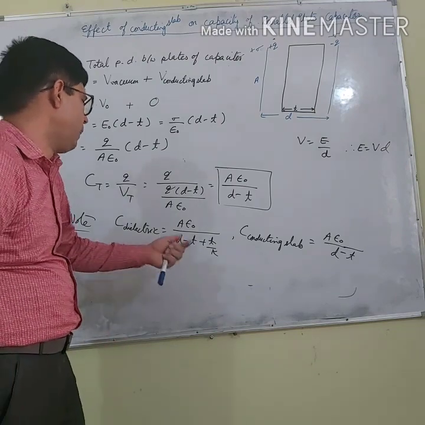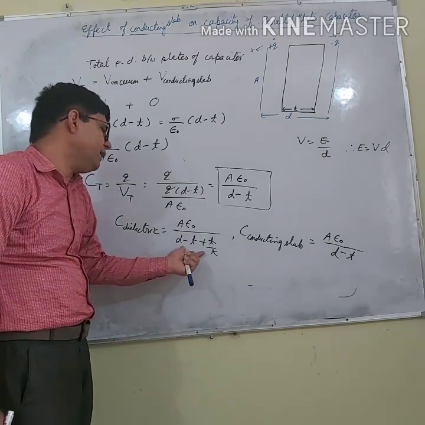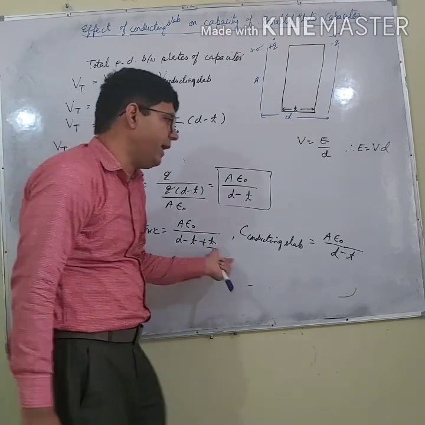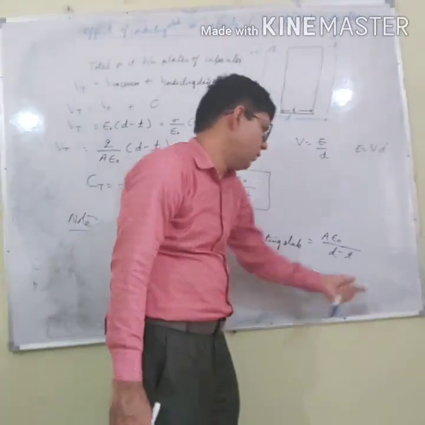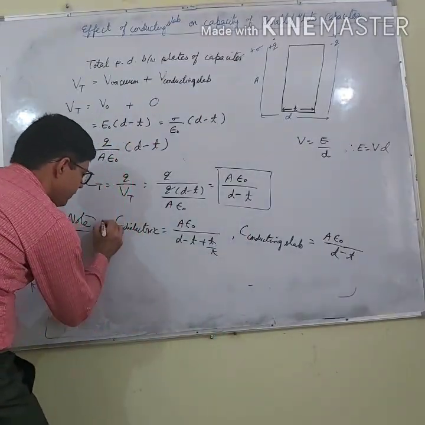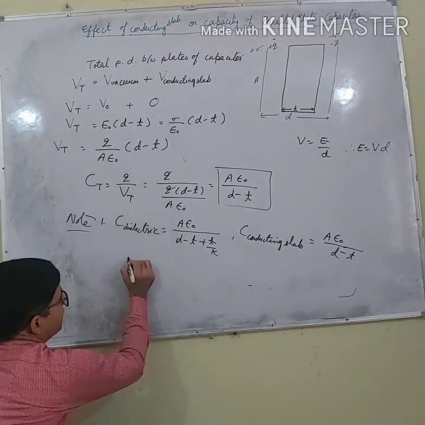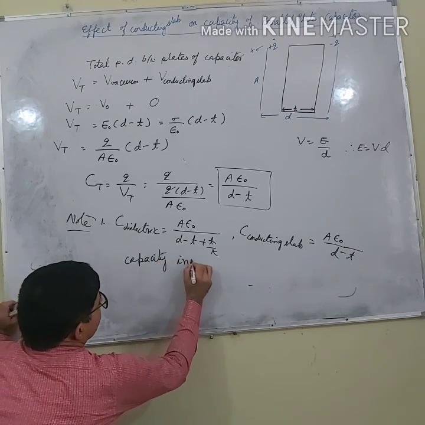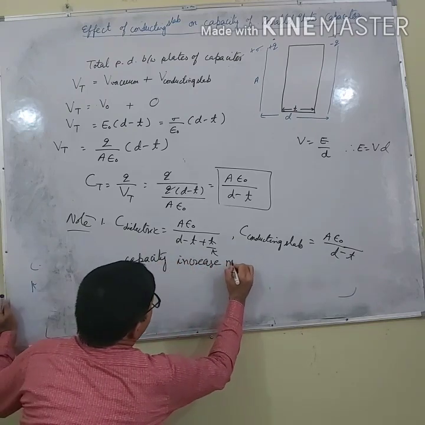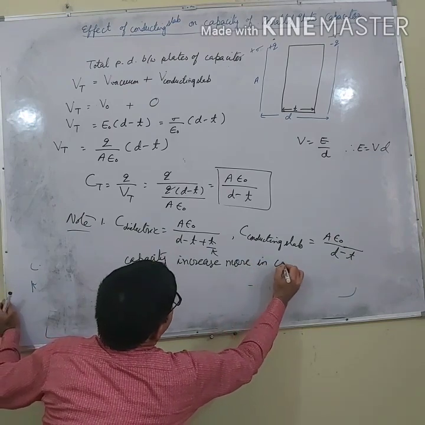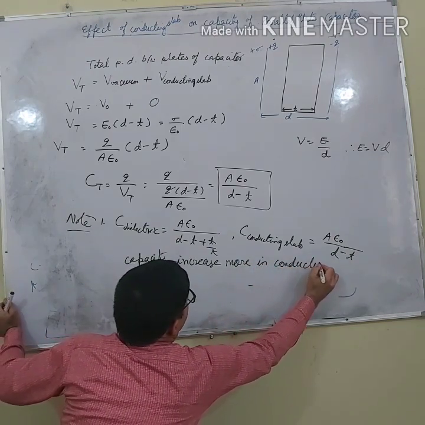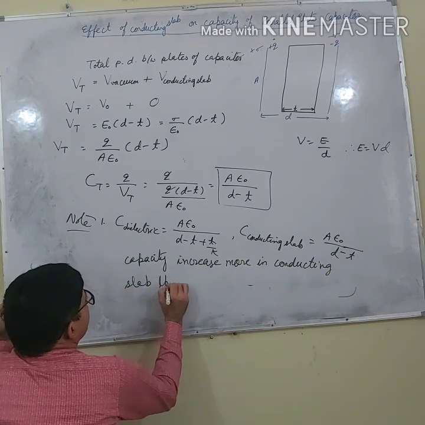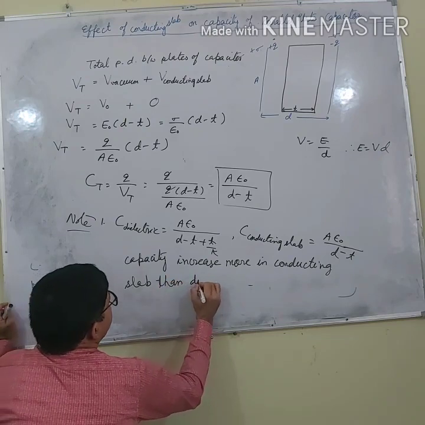The denominator in the case of the dielectric slab is larger, because there is a positive term T by K, and this term is not present for the conducting slab. So I will say that capacity increases more in the conducting slab than in the dielectric slab.